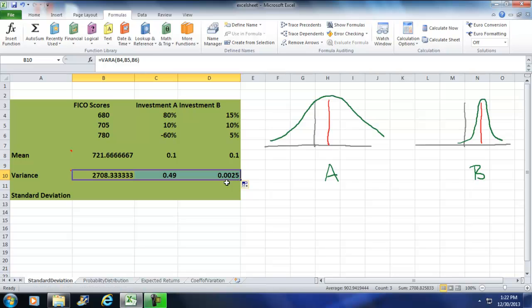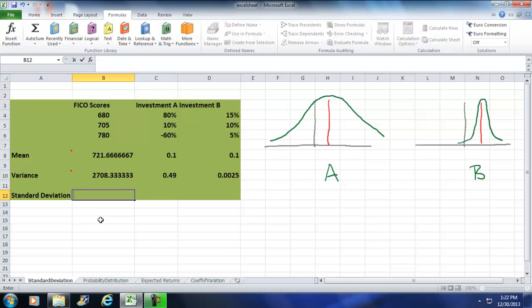And there's my variance. Now lastly, let's take the standard deviation. The standard deviation takes the square root of the variance and puts it into the same units, and that makes a little more sense. And we're going to see, hopefully, that investment A has a much higher standard deviation, which means a greater risk.